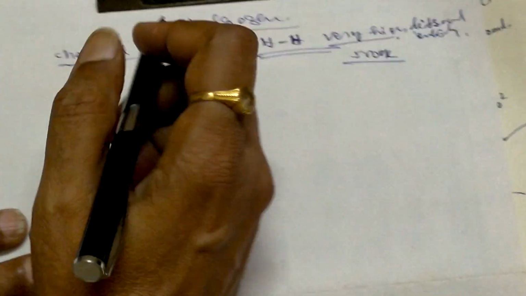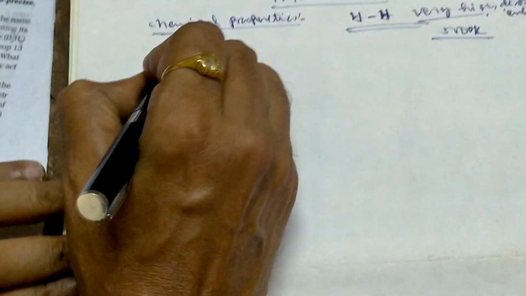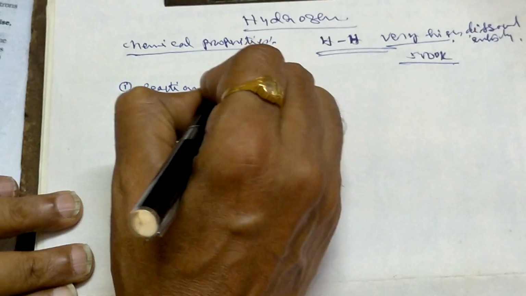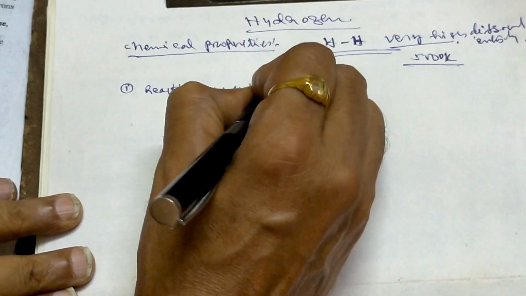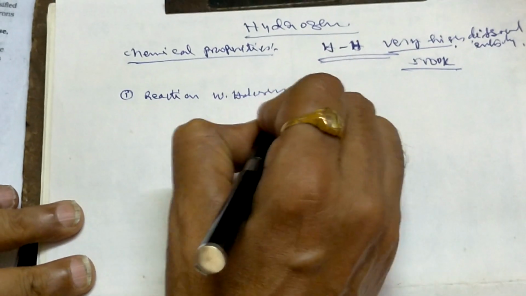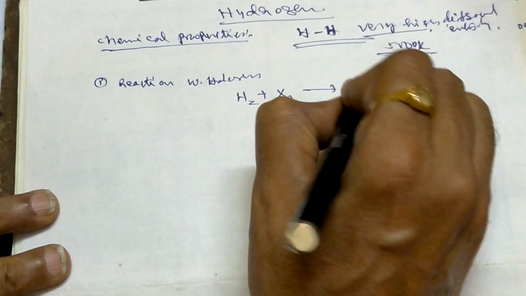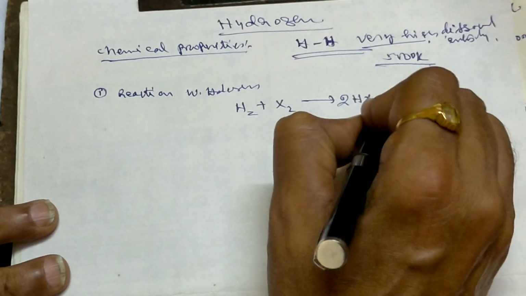Okay. Now, among the chemical properties, first is the reaction with halogens. In general form, hydrogen plus halogen, we write H2 plus X2, giving HX, normally a gas.